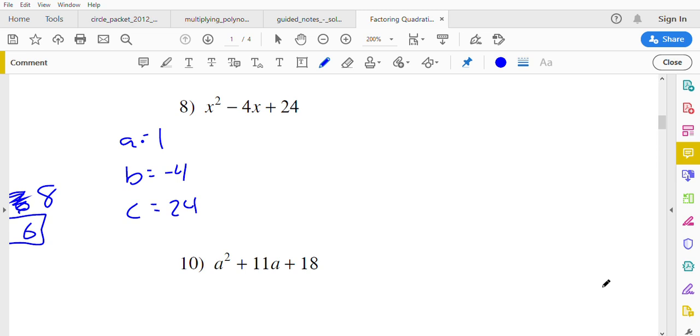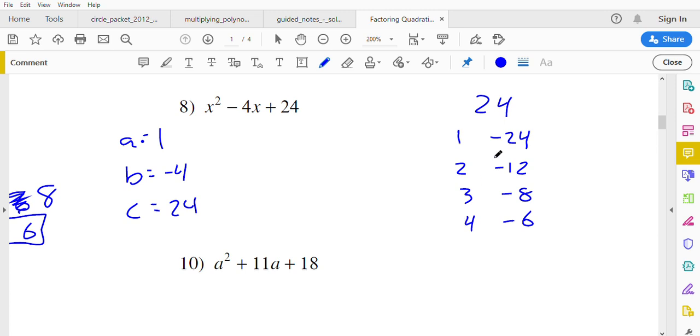Okay, so what are my factors of 24 that add up to negative 4? Again, since they add up to a negative, we're going to rely on those negatives being the bigger number this time. So 1 times negative 24, 2 times negative 12, 3 times negative 8, 4 times negative 6. And we're looking for the factors that add up to negative 4.